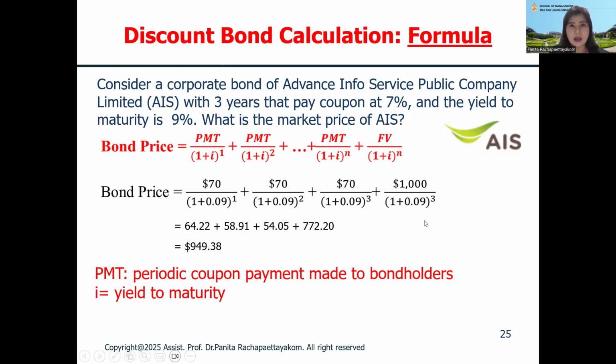Then you compute these cash flows back to the present value, and you get the bond price, that is 949 baht. Please notice that 949 baht is less than 1,000, so we call it a discount bond.